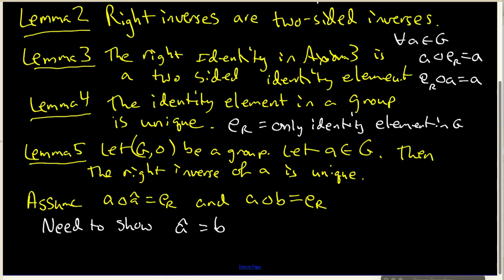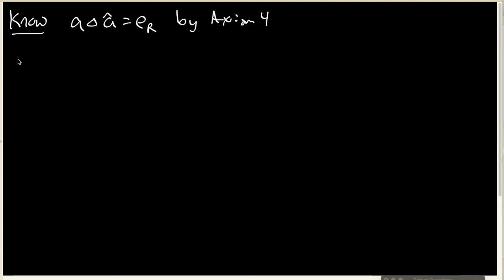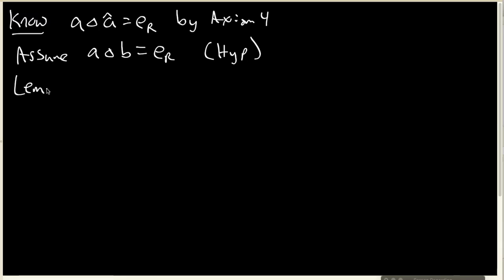Well, let's think about what we know and see what we can string together. We know that A triangled with A hat is equal to ER, and that's by axiom 4. We also are assuming that A triangled with B is equal to ER. That is our main hypothesis, that we have another potential right inverse element. We also know lemma 2: A hat triangled with A is going to be equal to ER.